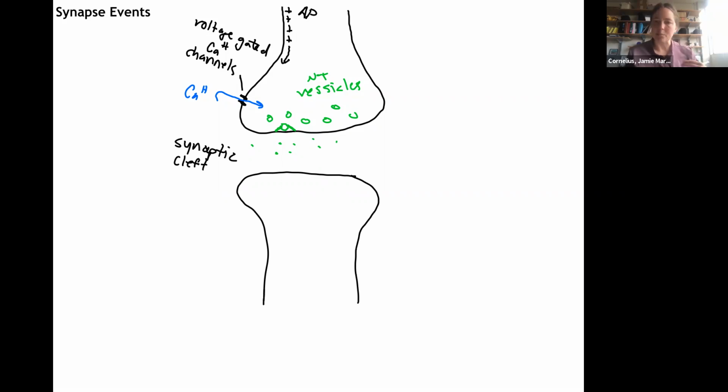Which is that space in between the two cells. And then it's going to interact with receptors on the postsynaptic membrane. And that can be a number of different kinds of receptors.